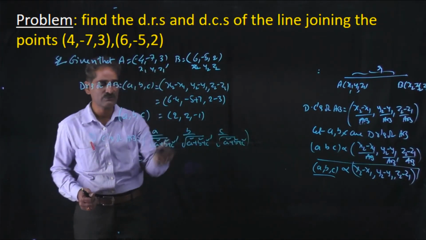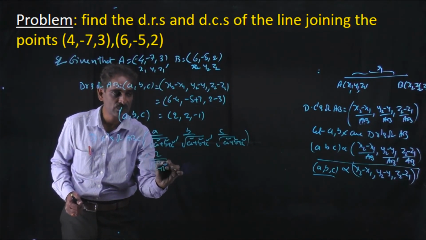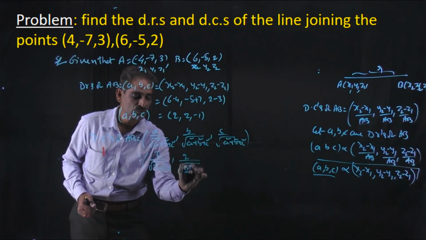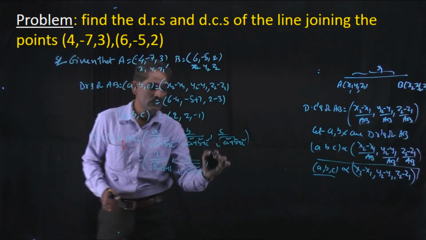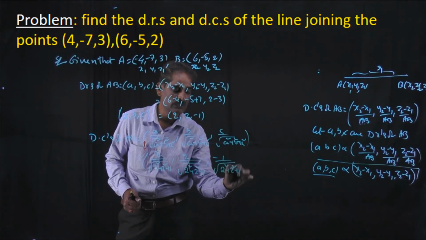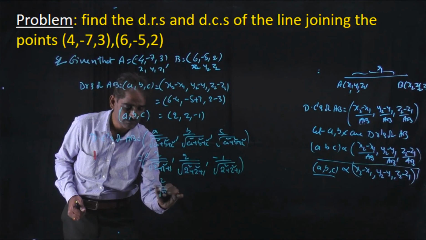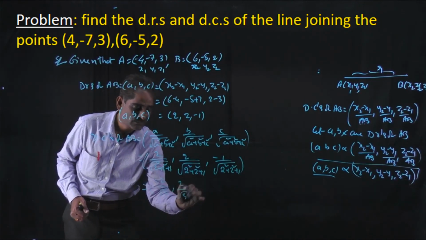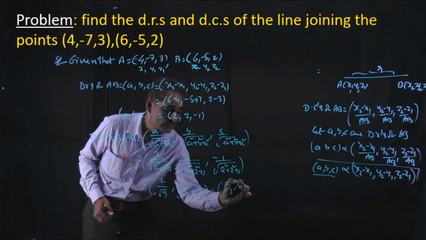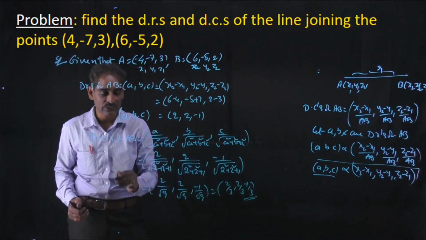Just substitute the A, B, C values: 2 by root of 2 square plus 2 square plus 1, 2 by root of 2 square plus 2 square plus 1, and minus 1 by root of 2 square plus 2 square plus 1. Therefore, this is equal to 2 by root of 4 plus 4 plus 1, that is root 9, 2 by root 9, minus 1 by root 9. That is equal to 2 by 3, 2 by 3, minus 1 by 3. These are the DCs of the line AB.